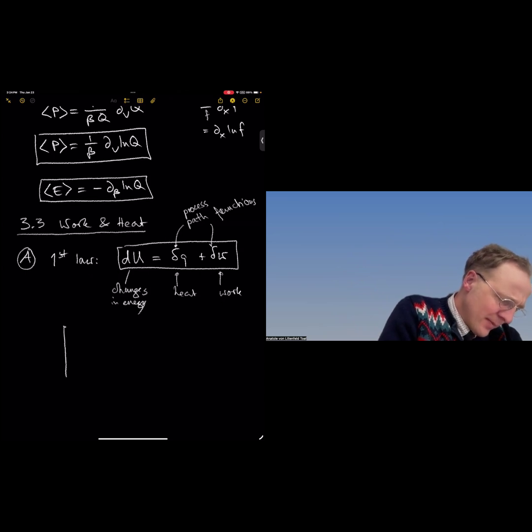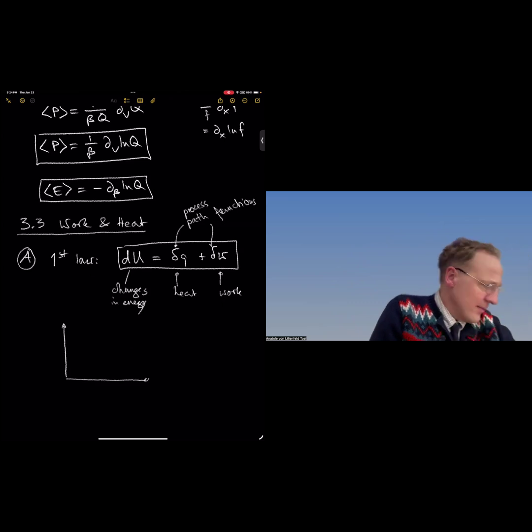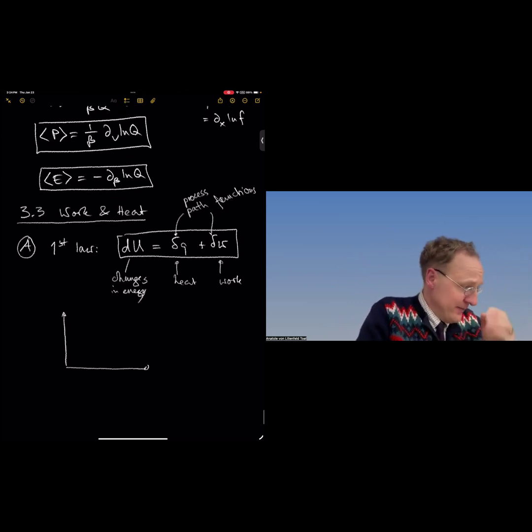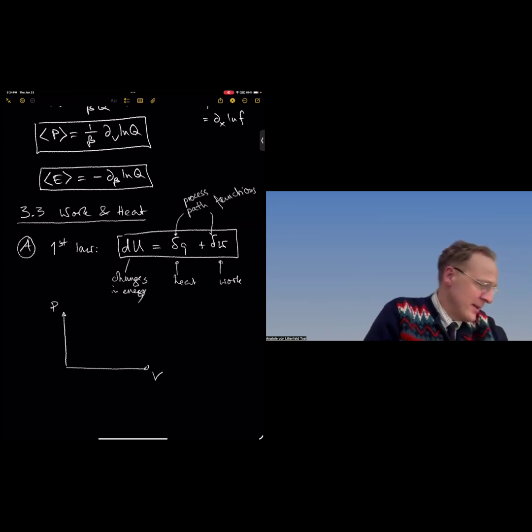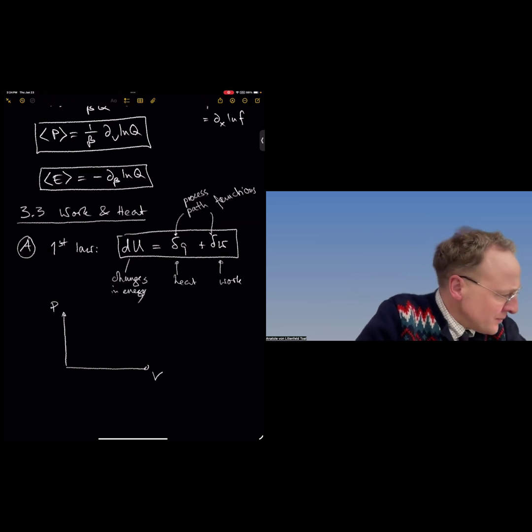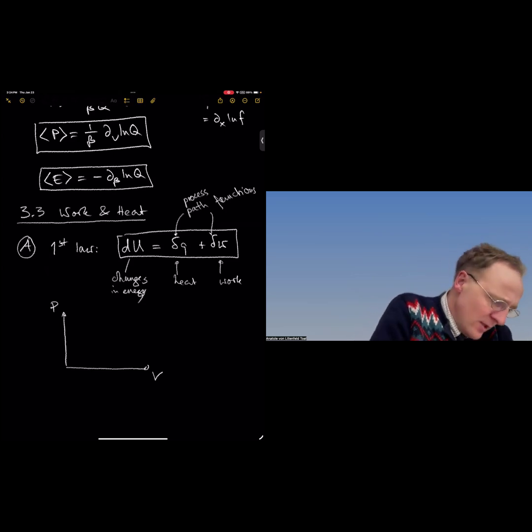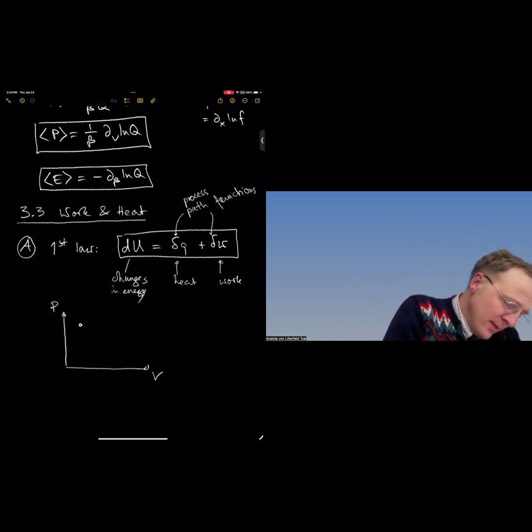Now, the iconic diagram we do for this is that we look at pressure as a function of volume, and you have some initial pressure and some initial volume.